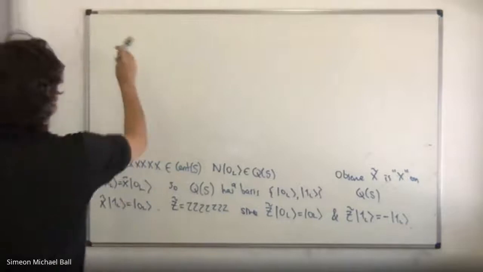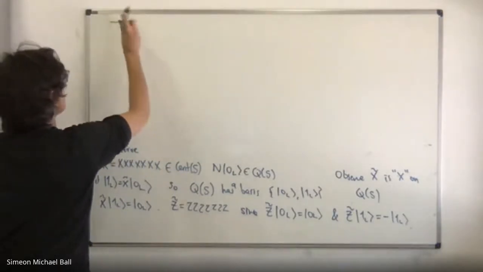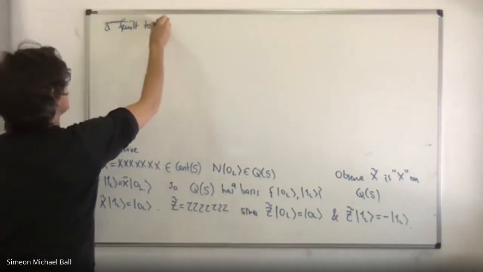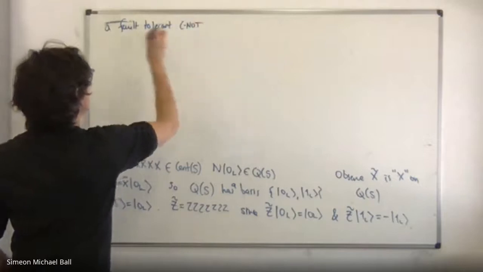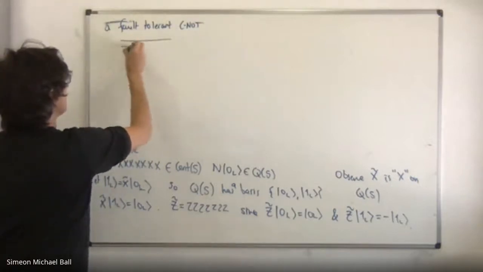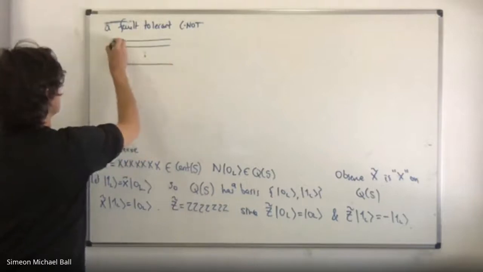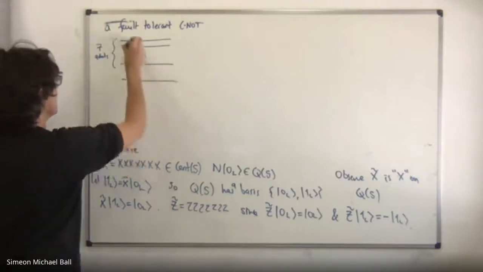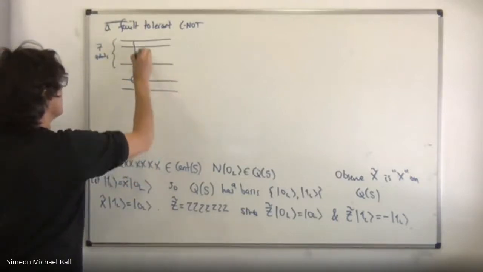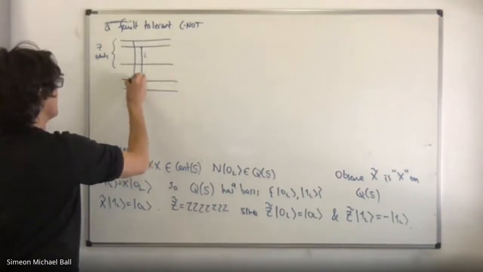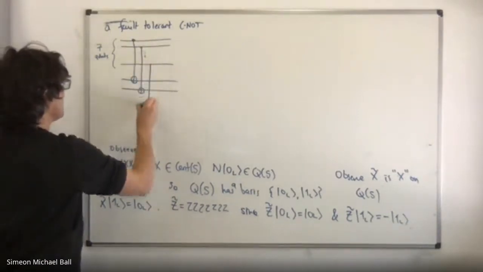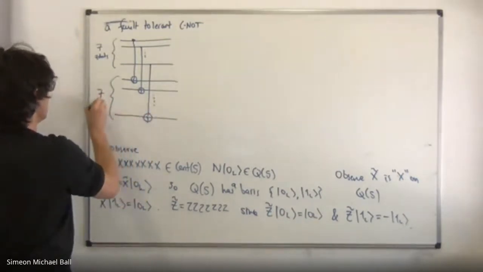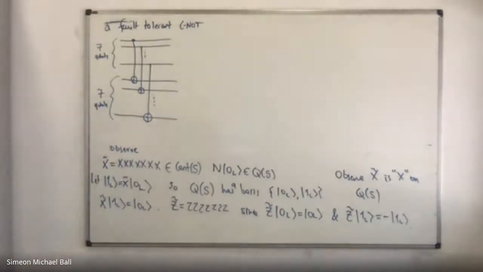Obviously a C naught we can implement very easily. So a fault tolerant C naught would be this one.